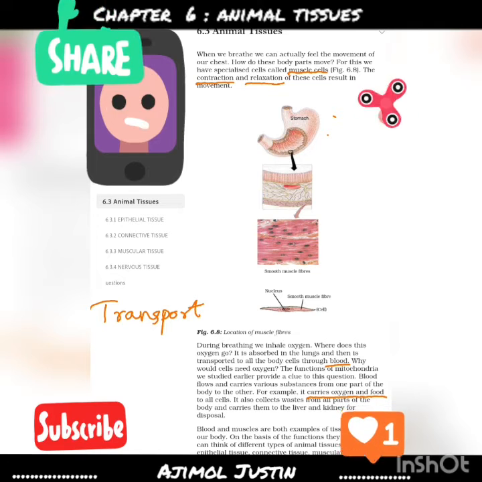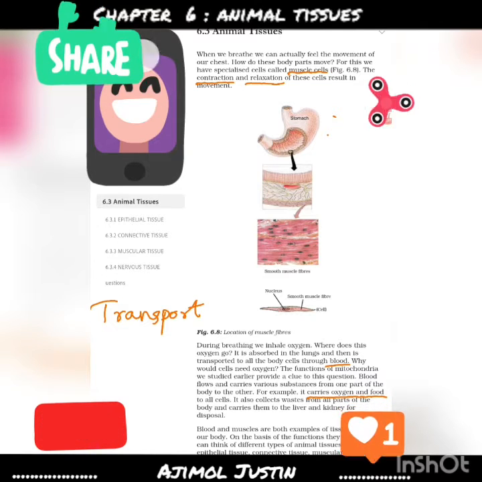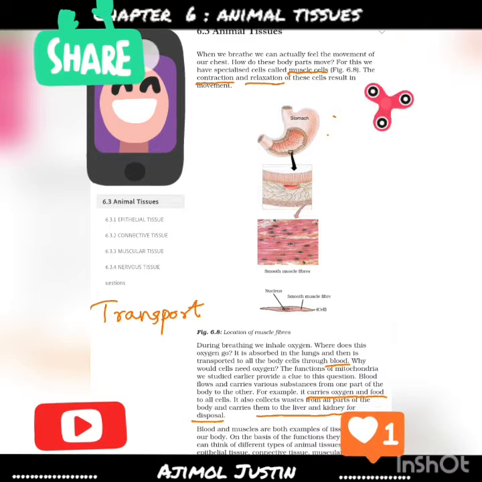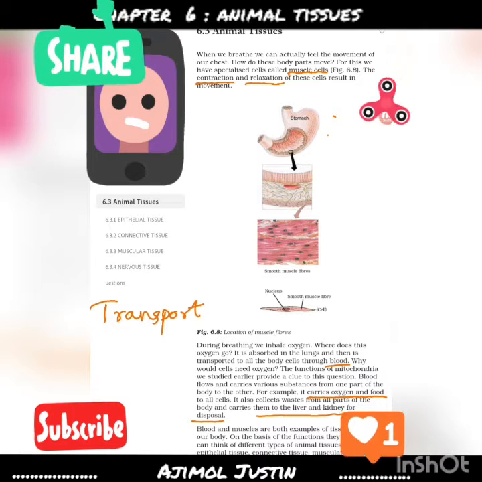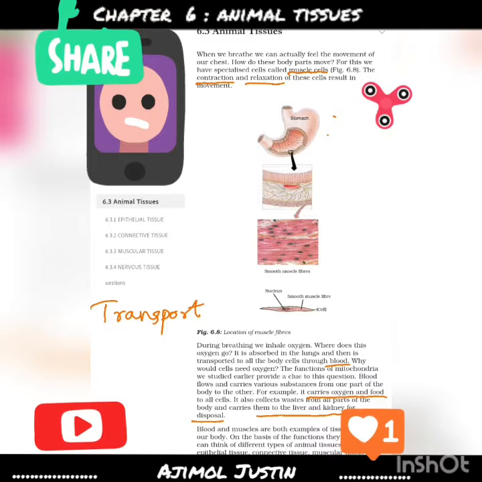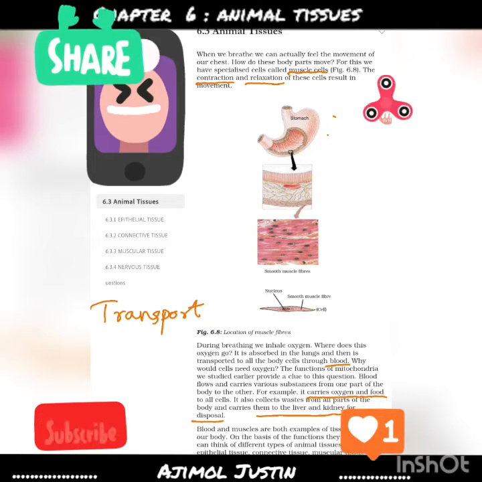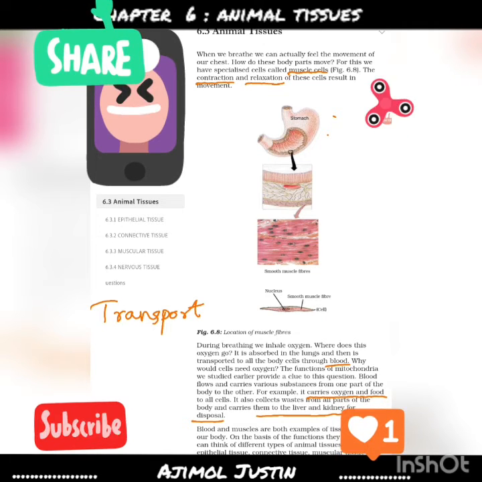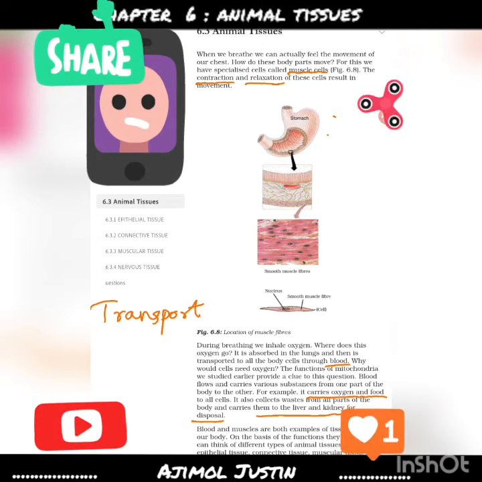The next is it carries waste to the liver and kidney also for disposal. Once the oxygen and food is given to all the cells, from the cells the waste materials also need to be disposed. So that is also taken by the blood and given to the liver or kidney for disposal.